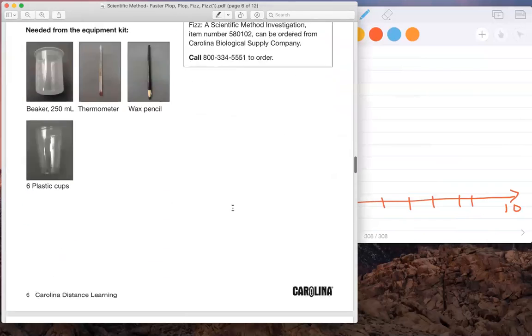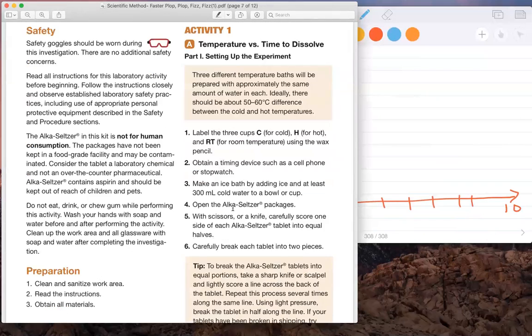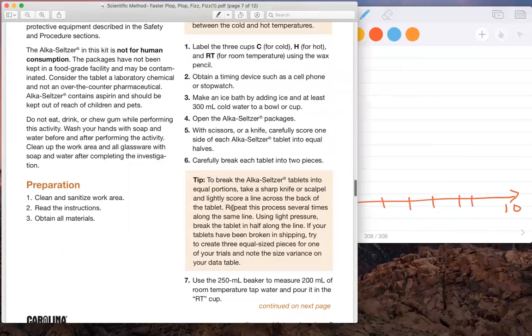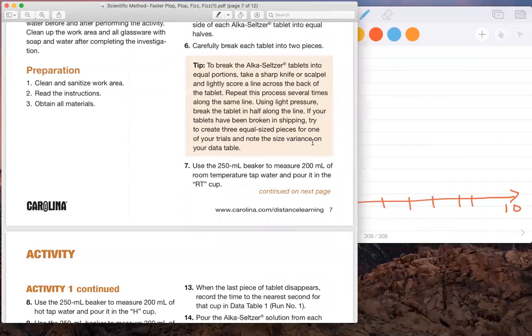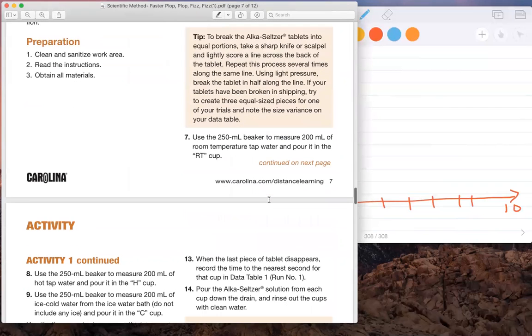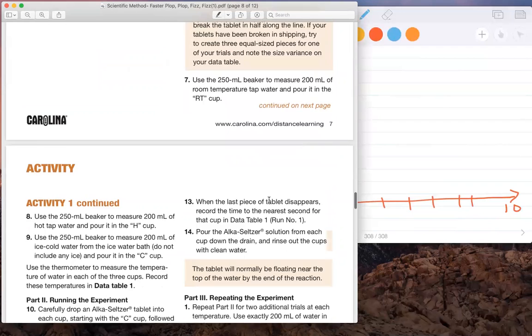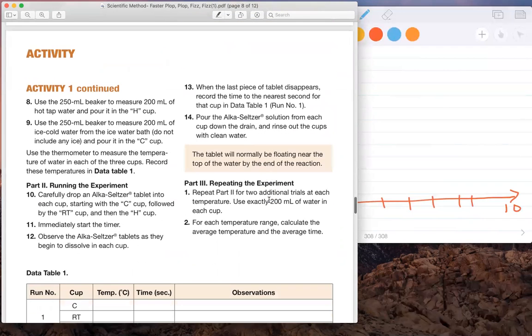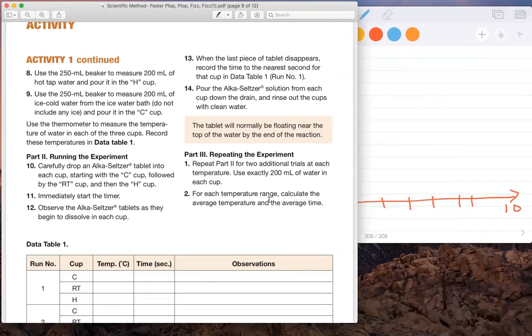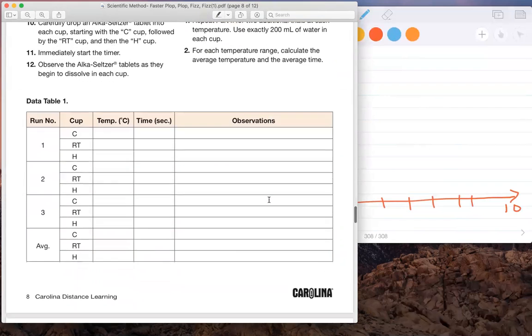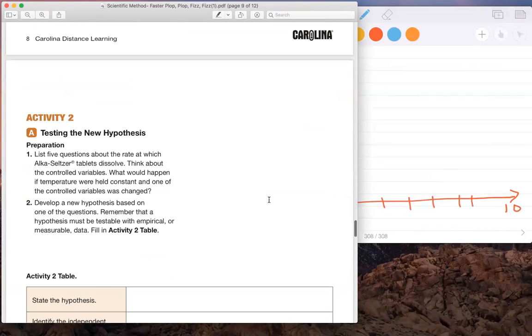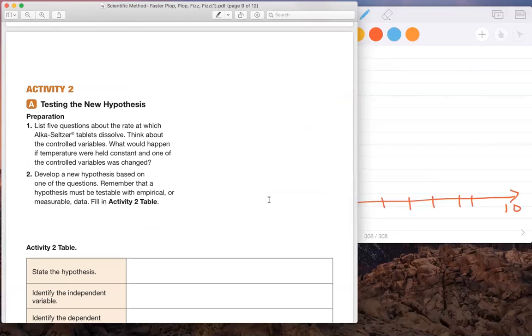So assuming that we are done with activity 1, room temperature, all those you'll have to use. And please use an equal amount of H2O throughout. Otherwise, the experiment will be skewed, all right? So this is what you'll have in there. Now, you will list 5 questions based on what you will have.